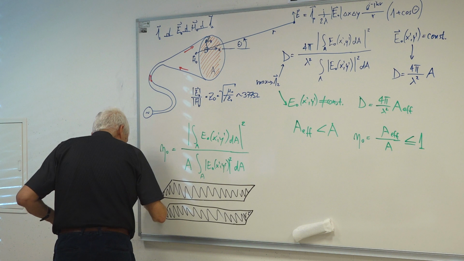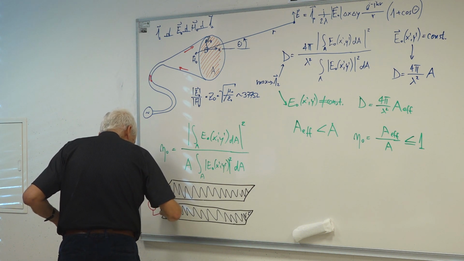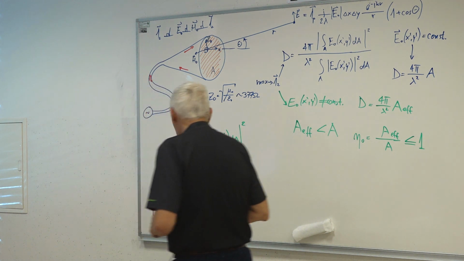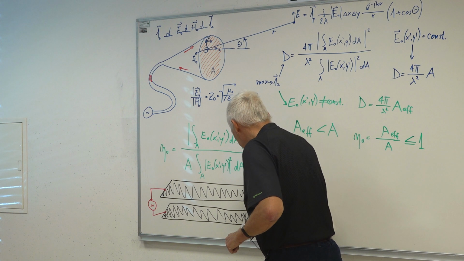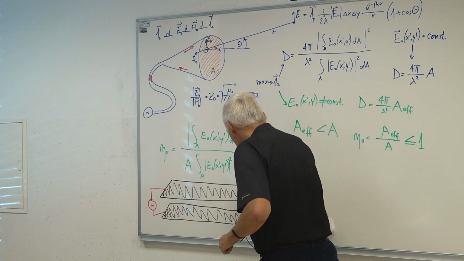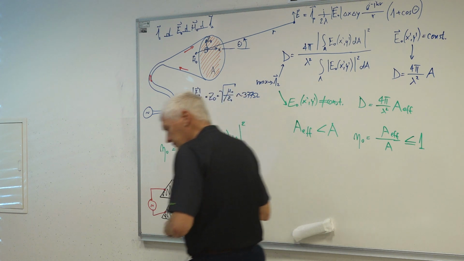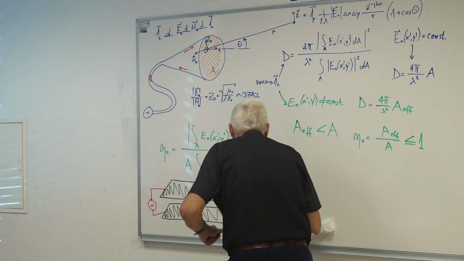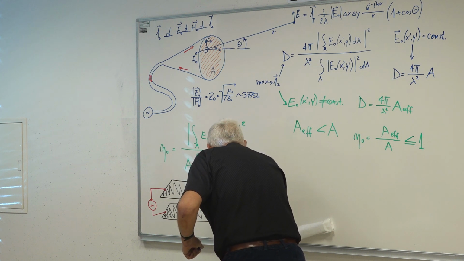Here we have an electric field on the aperture and a corresponding magnetic field, and this field looks pretty much like a plane wave in free space.